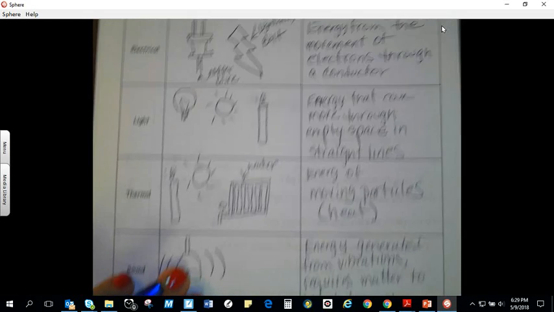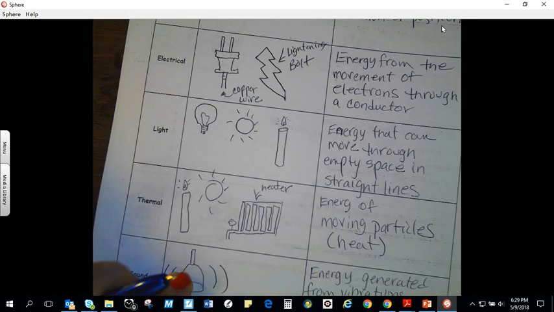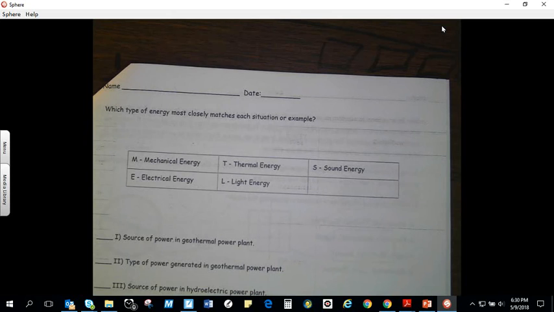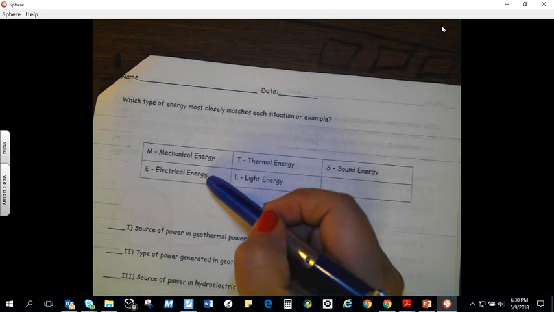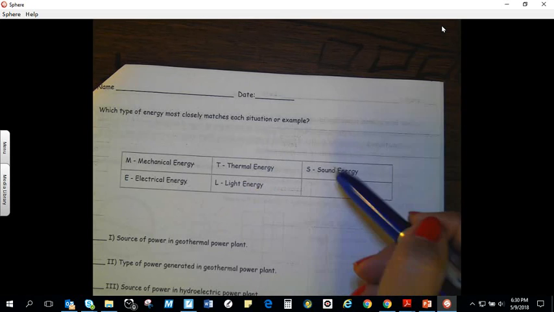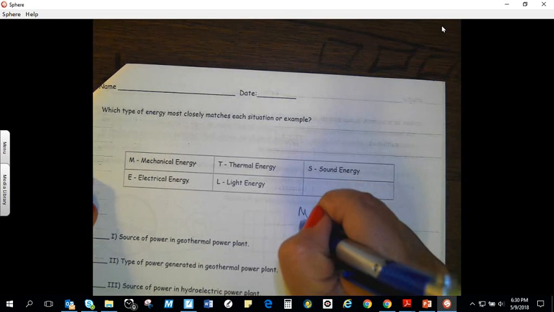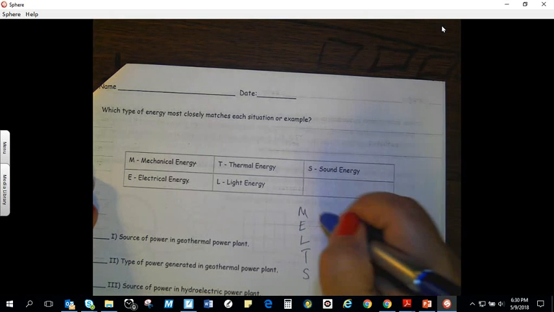You can also look up some different examples, so that you have a better idea. So Google it and see what you find. Okay, what type of energy most closely matches each situation or example? So we're looking at mechanical for M, electrical energy, thermal energy, light, and S. And remember we did the melts and our... Okay, so we said it was mechanical.